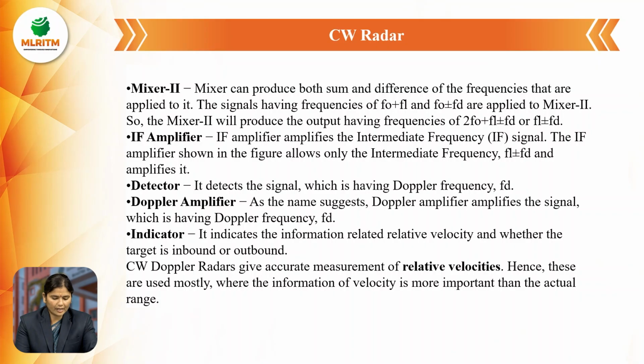The continuous wave radar gives accurate measurement of relative velocities, hence it is used mostly where velocity information is more important than the actual range.